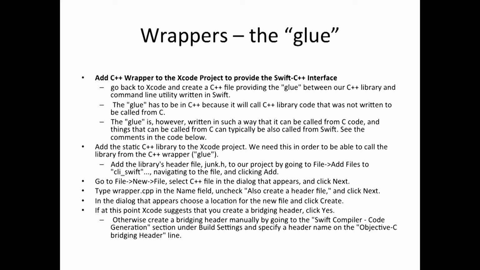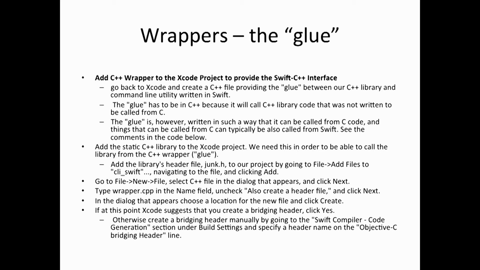Then you go to File and select C++ file in the dialog that appears and click Next. Then you type wrapper.cpp in the name field. You don't have to call it wrapper. It can be called other things, but you have to name those variables later. Also create a header file, click Next.